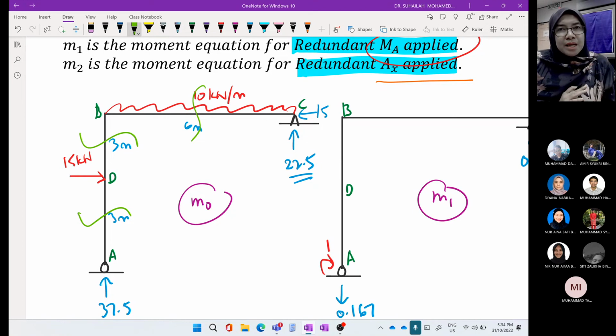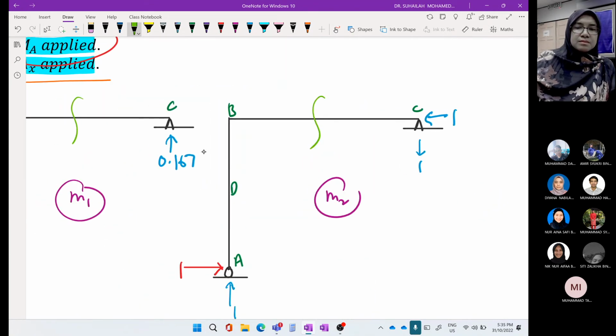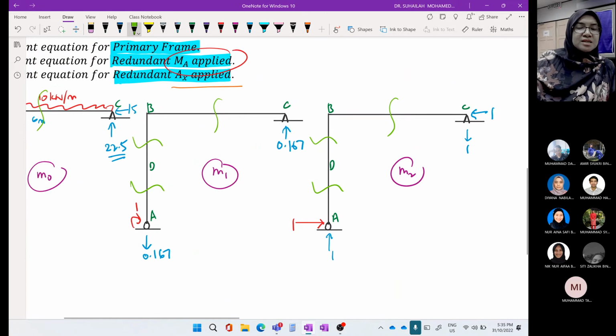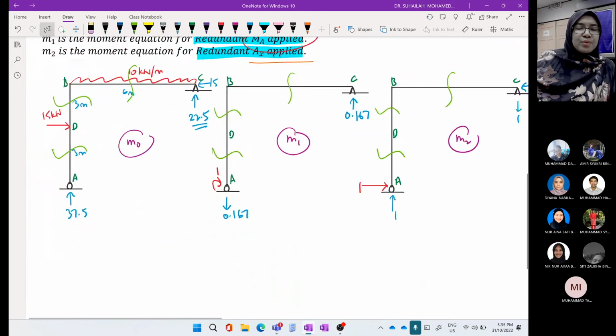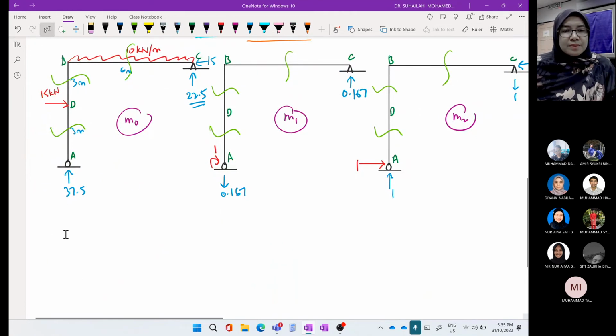In primary, we have 3 cutting sections. We have to remain the 3 cutting sections in the redundant system. Then only we can integrate together. Okay, and we summarize in the table.